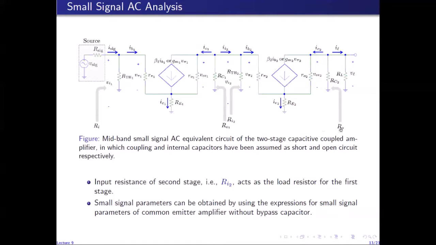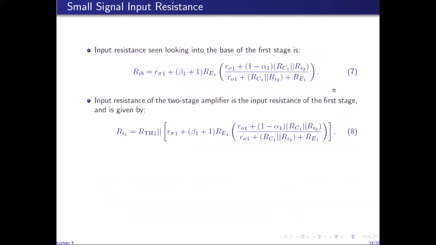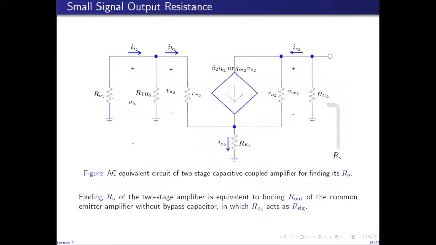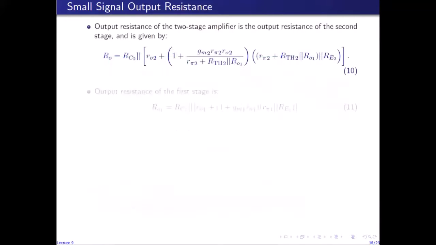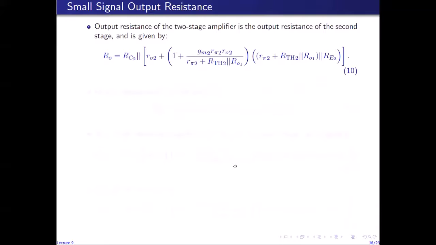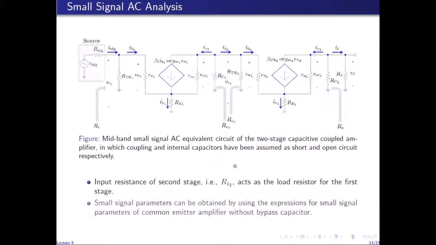So in order to find R out at the output of the multi-stage amplifier, I use the expression for R out derived for the common emitter amplifier without bypass capacitor by simply replacing R sig with R out 1, because this circuit can now be replaced with R out 1 since I'm short circuiting V sig.